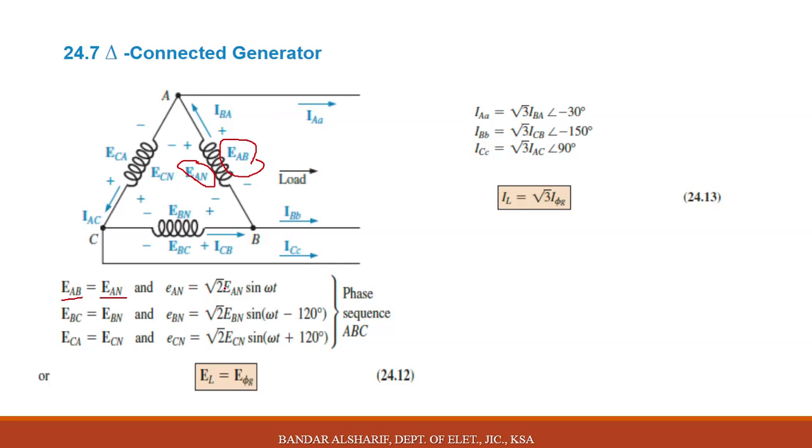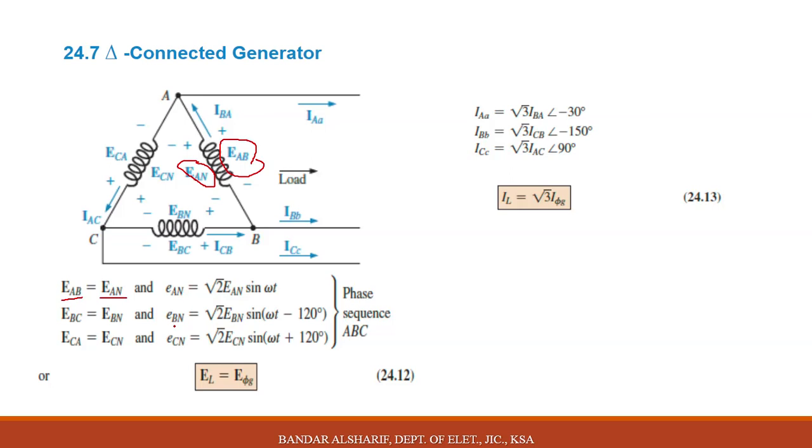multiply by the magnitude, the RMS value, sine omega t. Because this is the ABC sequence, which is the positive sequence, and ACB is the negative sequence, as we mentioned before.